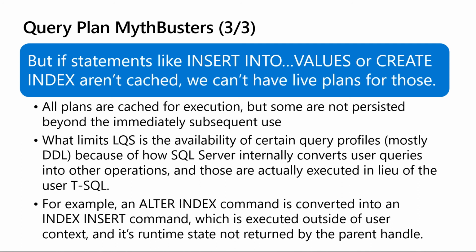And those are the ones that are actually executed in lieu of, so in replacement of, the user-written Transact-SQL. And because of that, that state for those internally converted queries doesn't get passed back into the parent caller.